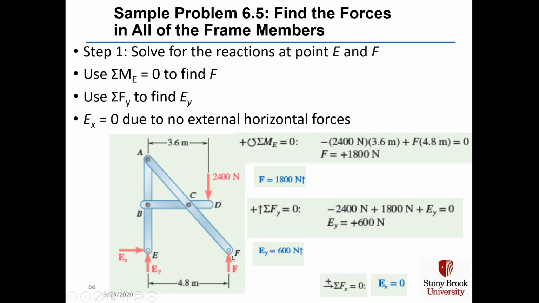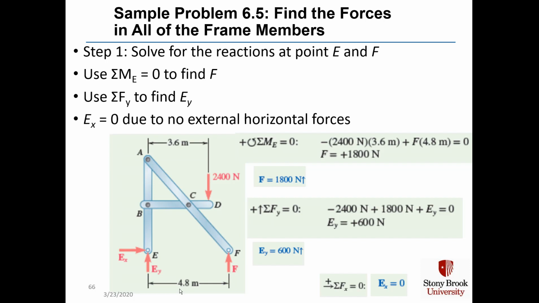Add that to force F, which wants to rotate counterclockwise around point E times its perpendicular distance of 4.8 meters. Set that to 0, and you find that force F is 1,800 newtons and pointed up as shown in the diagram.